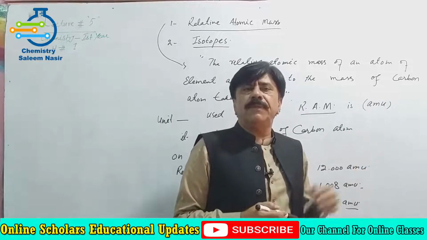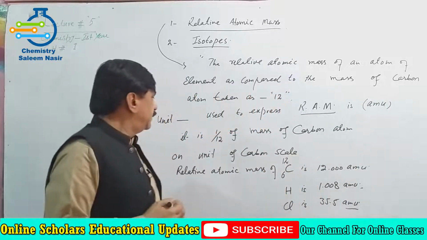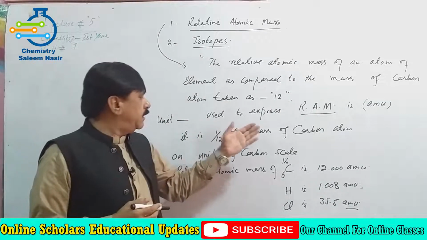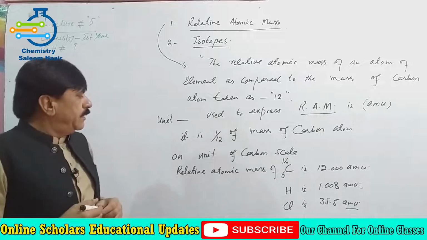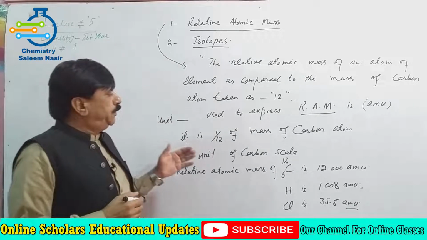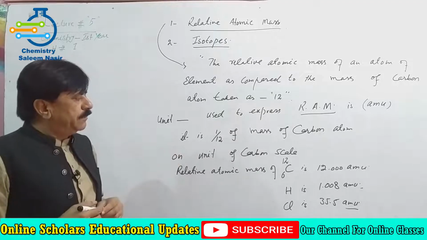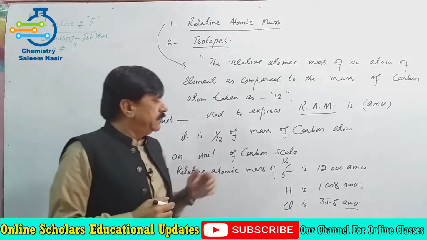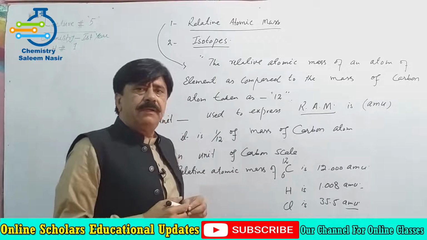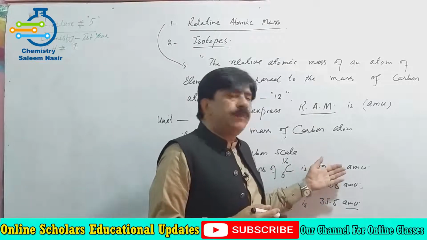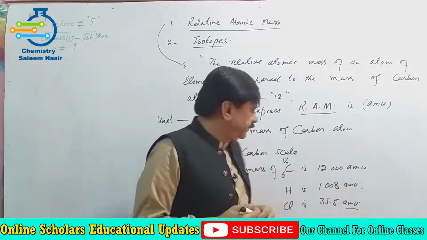That atomic mass unit is 1/12 of the mass of the carbon atom, and on this scale, the relative atomic mass of carbon-12 is 12 atomic mass units.